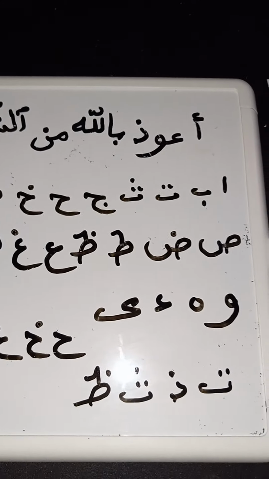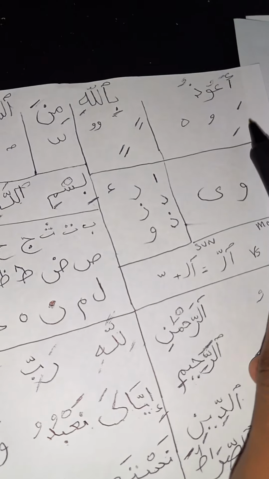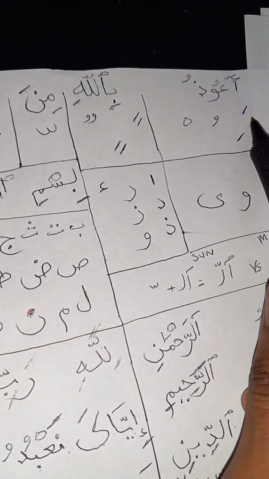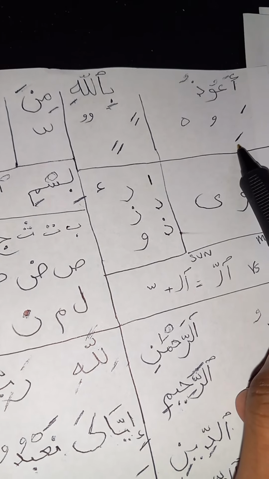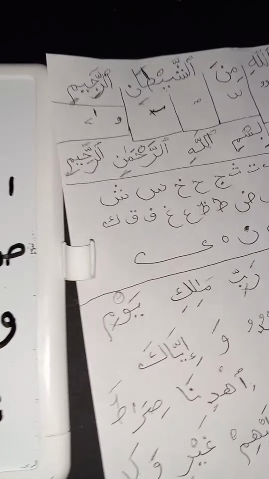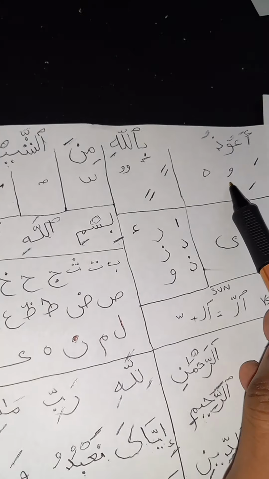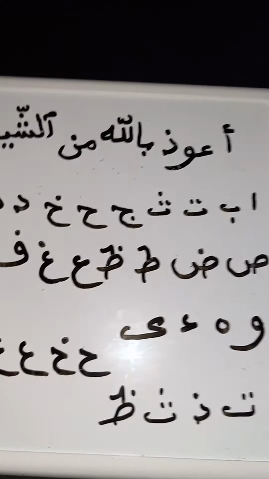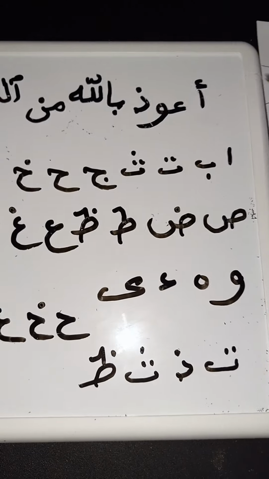So at first, I took fatha and put it on top of each letter. Then I took kasra and put it on top of each letter. Now I'm going to take the dhamma. Imagine it on top of each letter. What would happen?